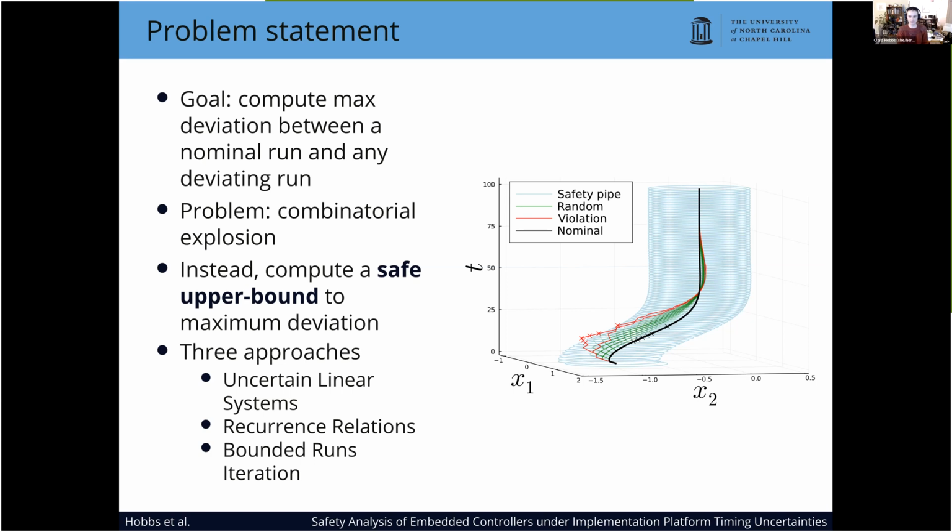So what we do instead is to compute a safe approximation to the maximum deviation by finding an upper bound. And in this work, we've developed 3 different algorithms for trying to approximate this. These are called the uncertain linear systems approach, the recurrence relation approach, and bounded runs iteration.